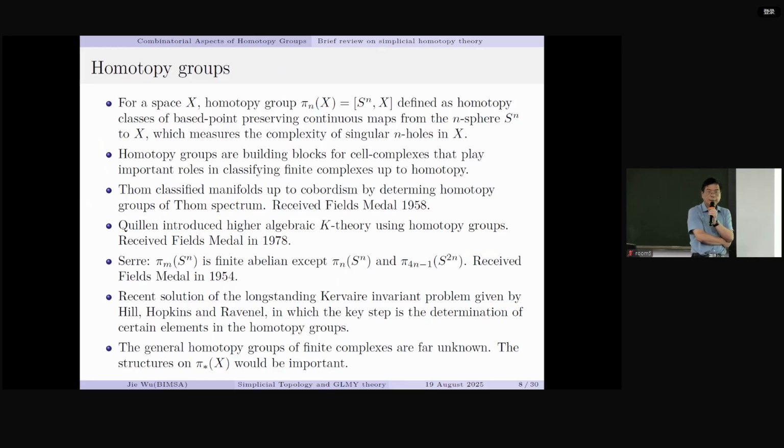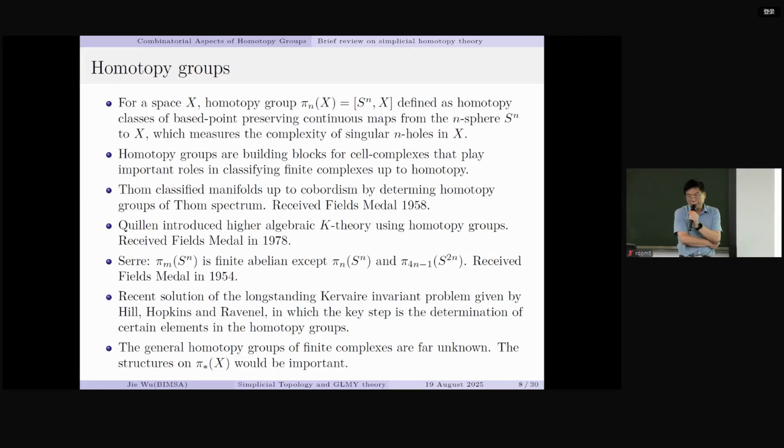Strictly speaking, this is not exactly correct. In other words, n-dimensional homology may not exactly measure the n-dimensional holes. By a singular hole I mean a map from a sphere. So the homotopy group measures it exactly. But more or less, this is correct because there's the Hurewicz theory, a map from the homotopy group to homology.